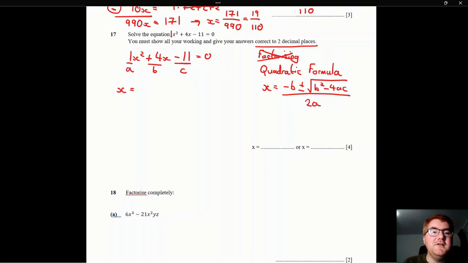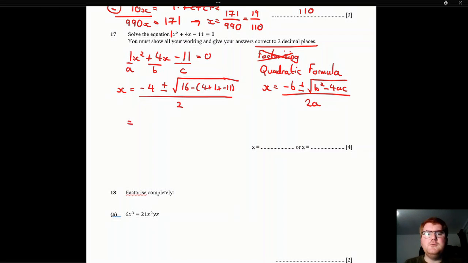x is equal to minus b, so minus 4, plus or minus the square root of b squared, that's 16, minus 4 times 1 times minus 11, all over 2a. 2 times 1 is equal to 2. Right, let's sort out this square root stuff. So we've got minus 4 plus or minus.